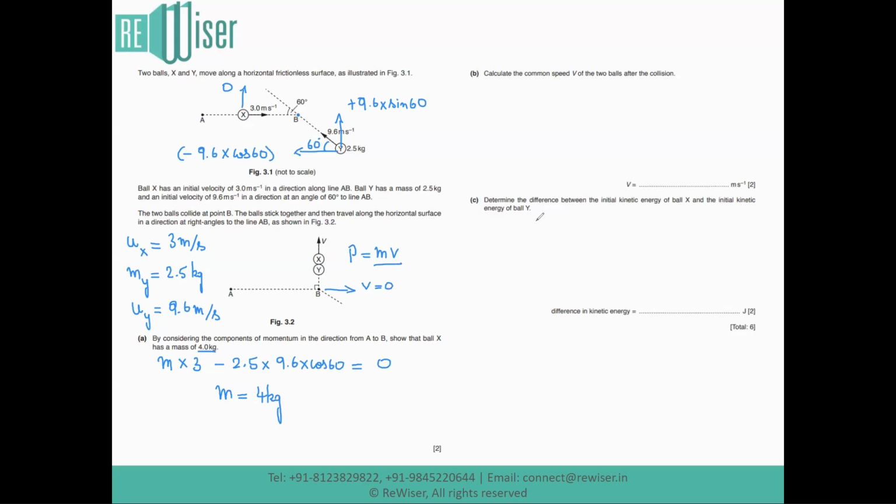Calculate the common speed V of the two balls after the collision. To get the answer for part A, we equated the momentum before and after collision horizontally. So to solve part B of the question, we are going to equate the momentum before and after the collision vertically.